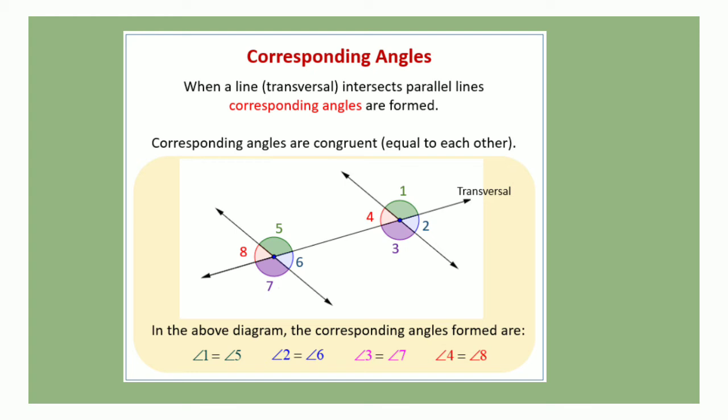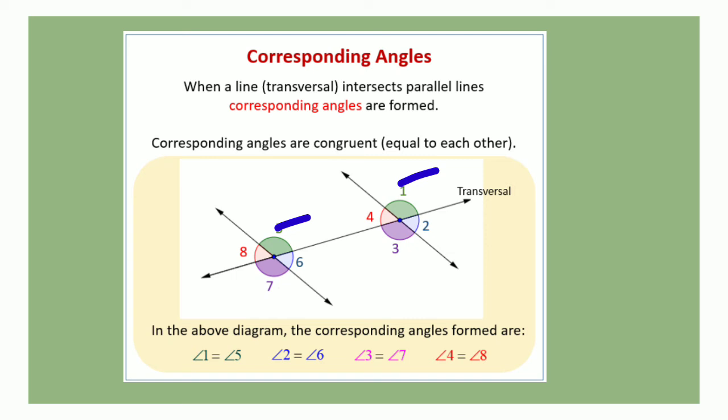Let us check. The first one is corresponding angles. When a transversal intersects parallel lines, corresponding angles are formed. Corresponding angles are congruent, or equal, everywhere. Very important: corresponding angles are equal. What are the corresponding angles here?